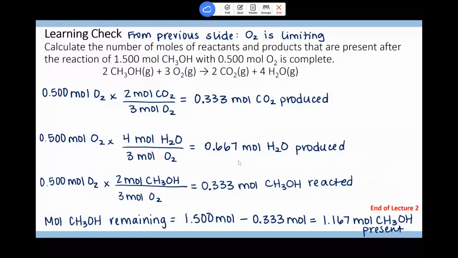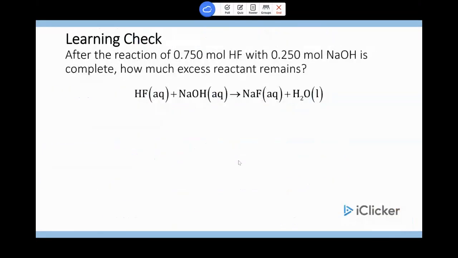And since methanol, CH3OH, was the reactant in excess, we determined how many moles of methanol was used to react with our limiting reactant, and then we used that to determine how many moles of methanol are remaining. So we started with 1.5 moles, we used 0.333, and so 1.67 moles were left over after the limiting reactant was used up. So we're going to jump right in and do an iClicker question.